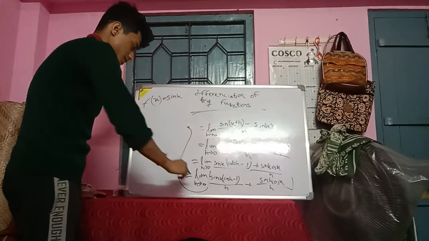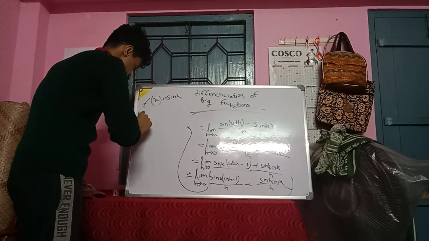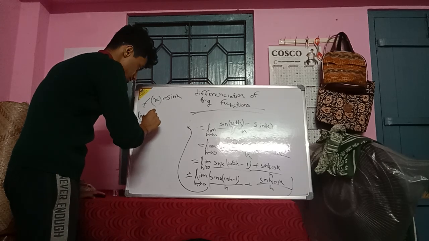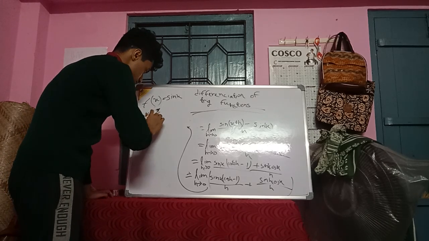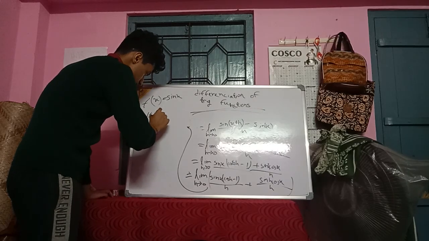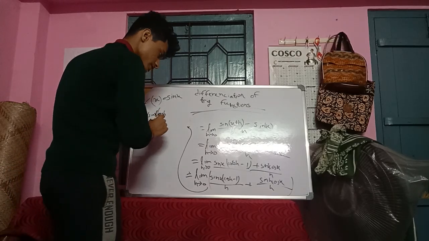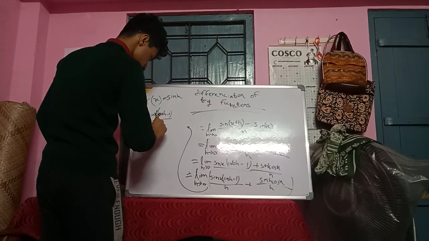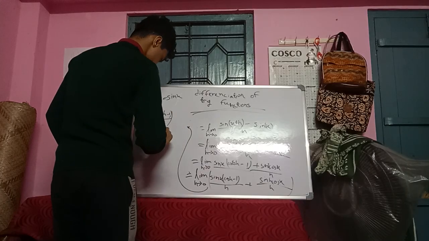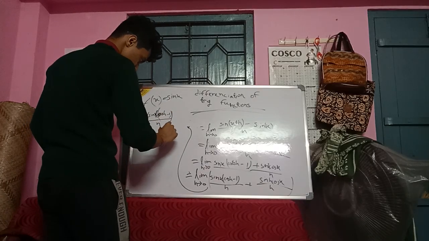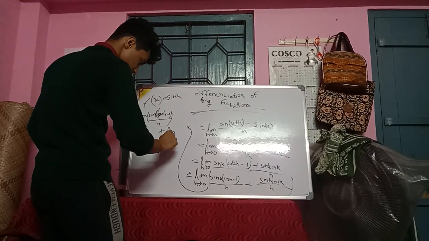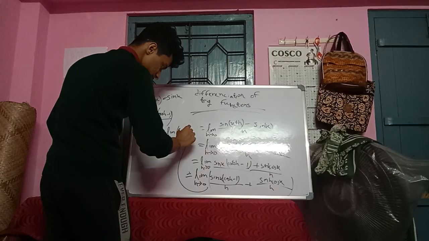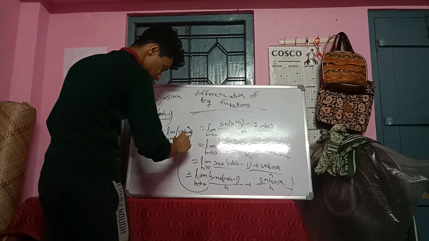So what I'm basically saying is that this would be the same as the limit as h tends to 0 of sine x times cosine of h minus 1 over h, plus the limit as h tends to 0 of sine h times cosine of x over h.